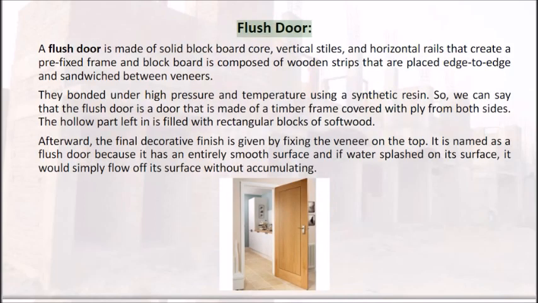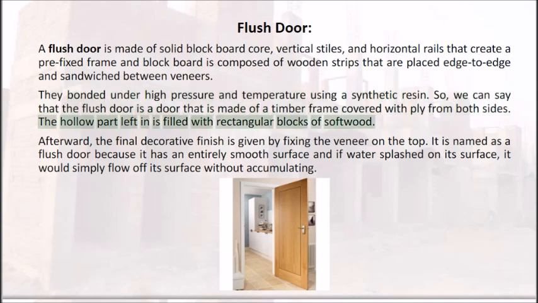Flush door. A flush door is made of a solid block board core, vertical stiles, and horizontal rails that create a prefixed frame, and block board is composed of wooden strips that are placed edge to edge and sandwiched between veneers. They are bonded under high pressure and temperature using a synthetic resin. So, we can say that the flush door is a door that is made of a timber frame covered with ply from both sides.